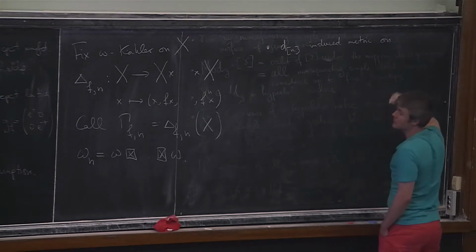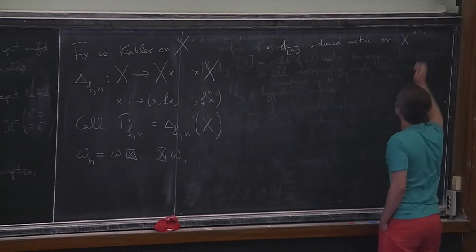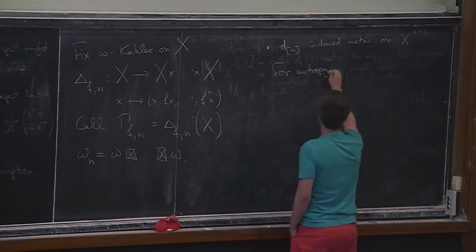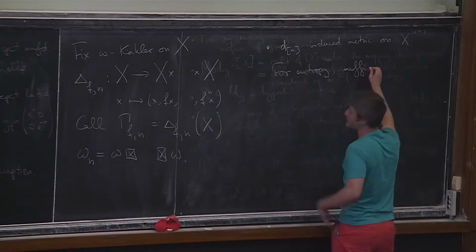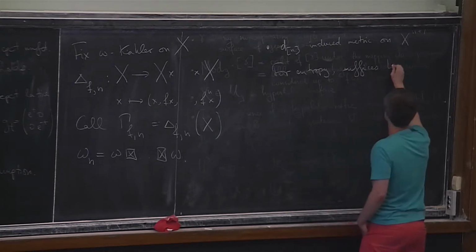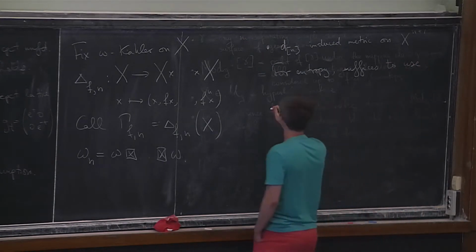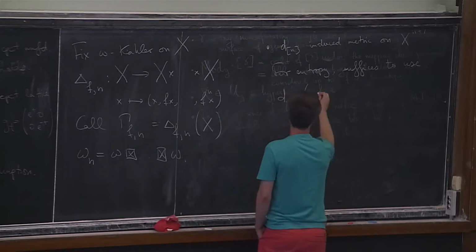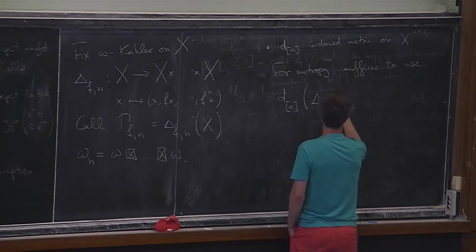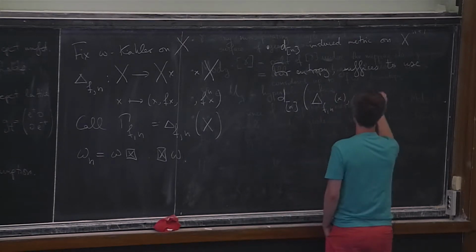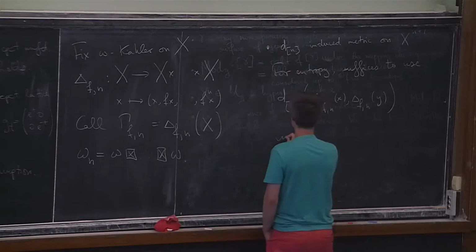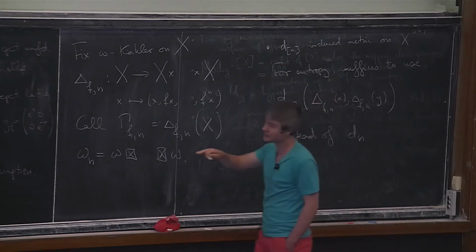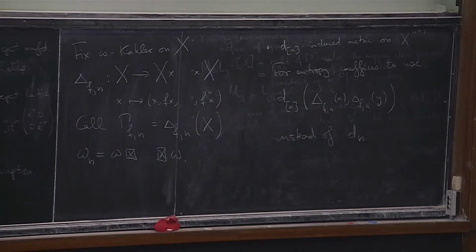To compute the entropy using the formula that I gave there, it suffices to use this distance instead of this metric d lower n, which I was using for the definition of entropy.